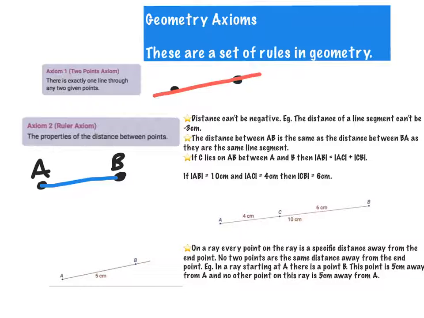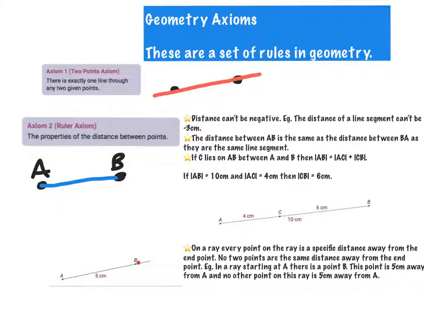Then the last little point here is, on a ray, every point on the ray is a specific distance away from the end point. No 2 points are the same distance away from the end point, okay? So let's say we have a ray here, okay? It's starting at A and it's going on and on. Then we have a point B on this ray, okay?